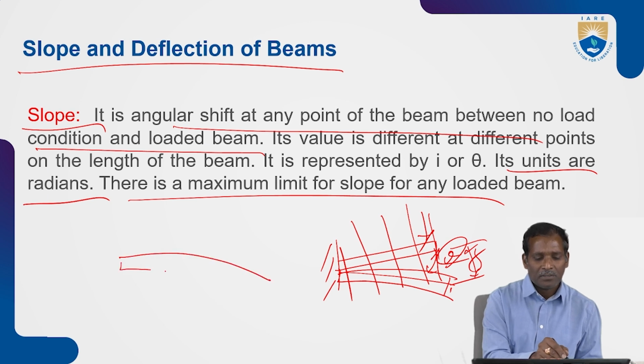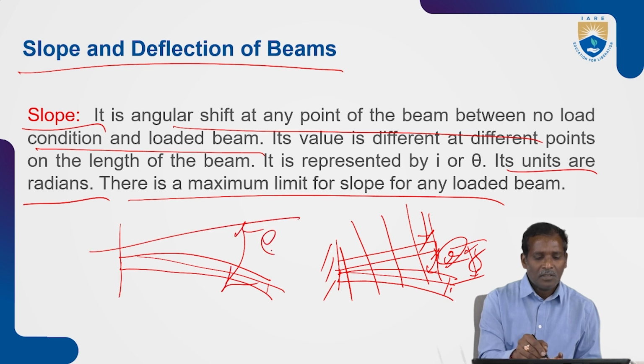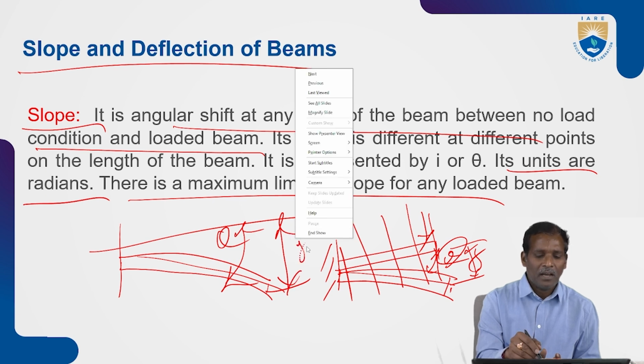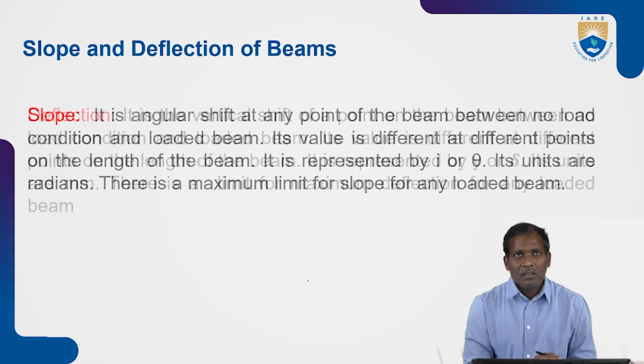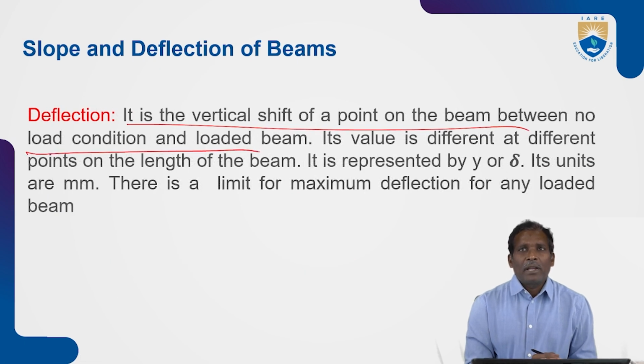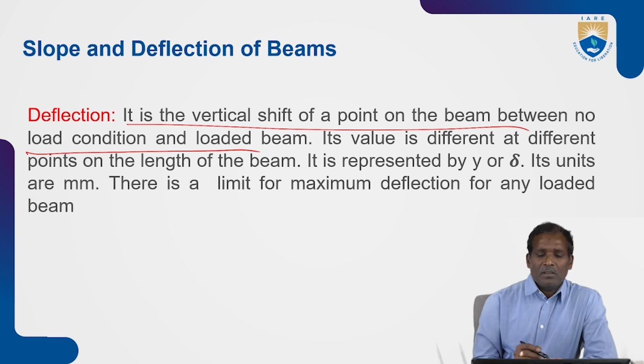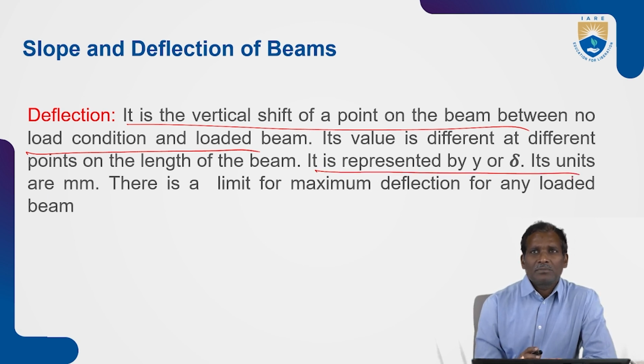The beam is bent like this, so the angular shift is theta, but the vertical shift is the deflection, y or delta. Its value is different at different points on the length of the beam. Its units are mm.